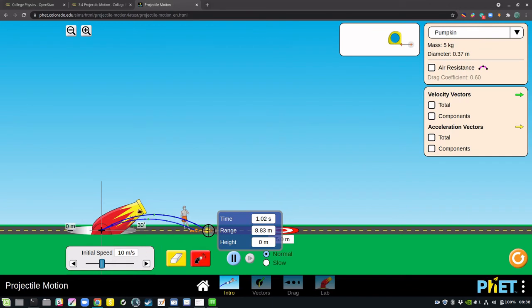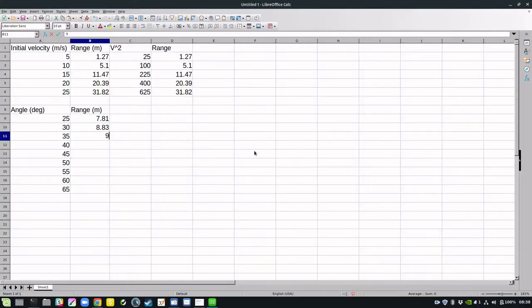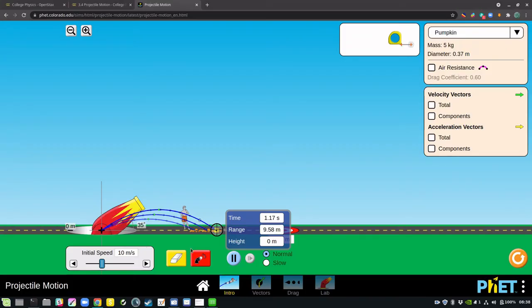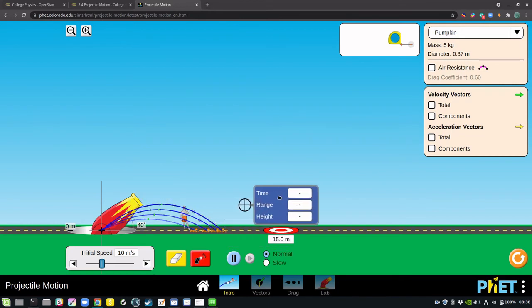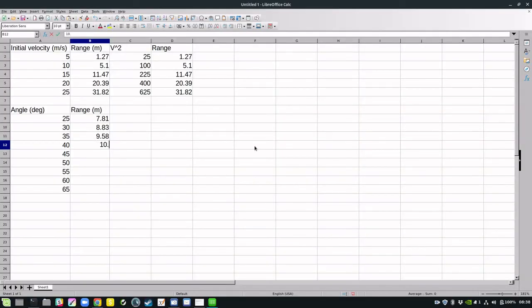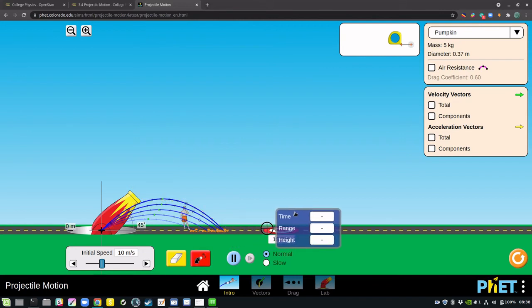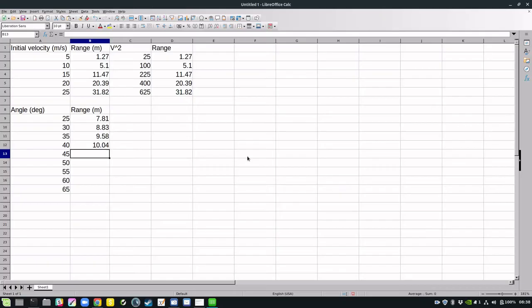And then 35 fire, get a slightly higher range there, 9.58. 40 fire, 10.04. 45. Intuitively, we expect this to be our highest range. 10.19.